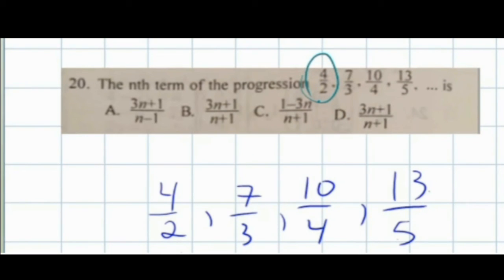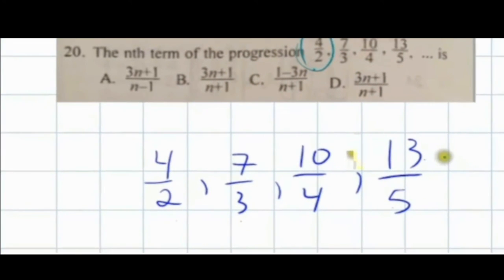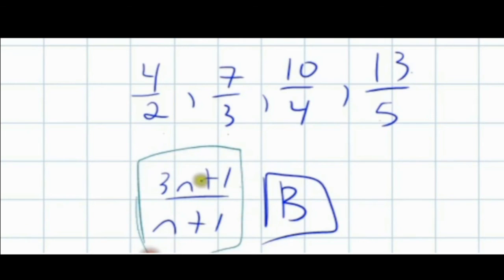And it turns out that this continues to work, because the next number you plug in, 2 times 3 is 6 plus 1 is 7. 3 times 3 is 9 plus 1 is 10. So using this 3n easily advances you by 3 each time. And so yeah, this is your answer. It's option B.